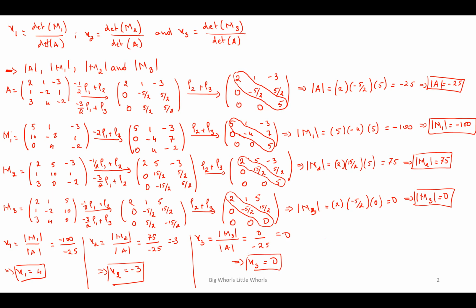So the final solution x1, x2, x3 is 4, minus 3, 0. This system of linear equations has a unique solution, which is 4, minus 3, and 0.